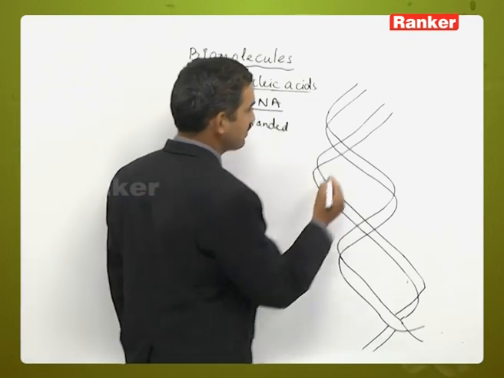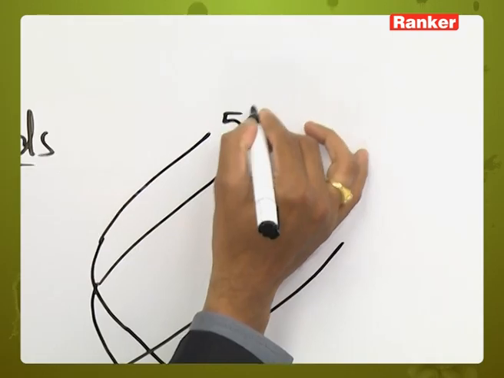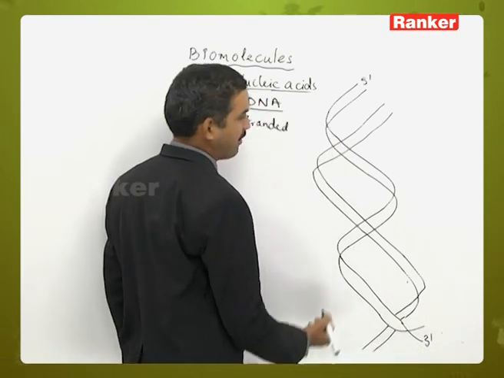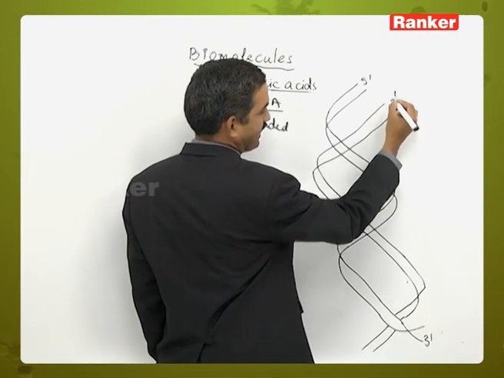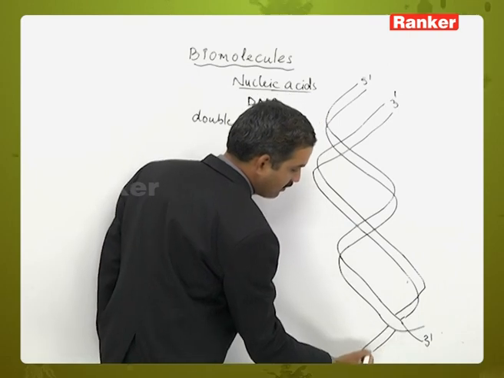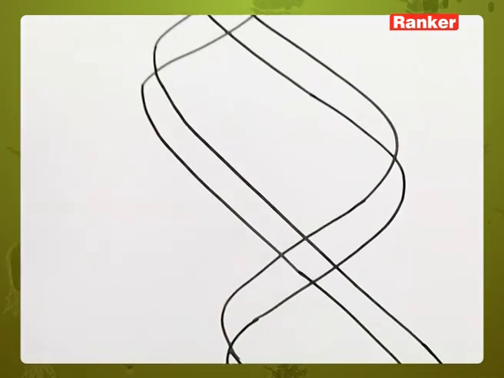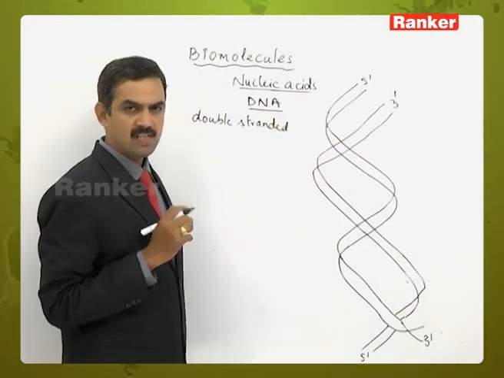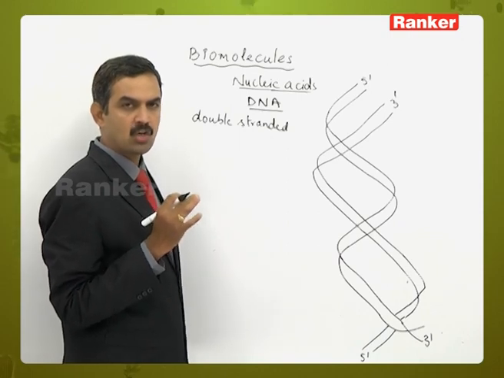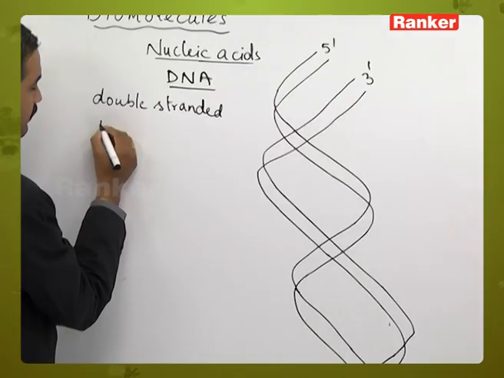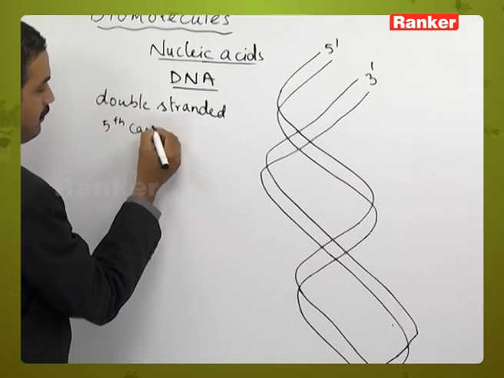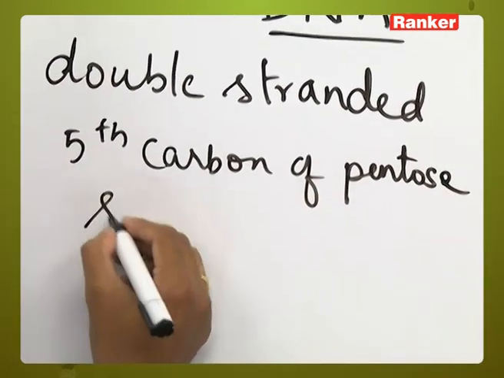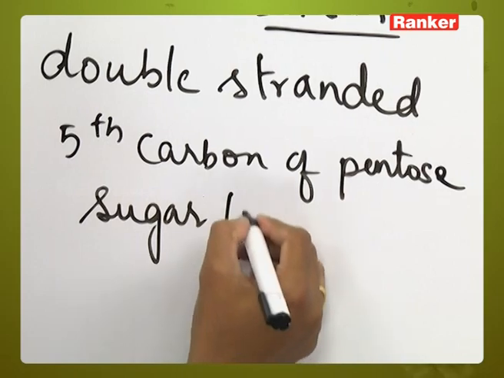In these 2 strands, one end of the first strand we call the 5' end, and the opposite side is called the 3' end. In the second strand this side is called the 3' end and the opposite side is called the 5' end. Why they are called 5' and 3': in the corners the pentose sugars are present. The fifth carbon of the pentose sugar is free here, so we call it the 5' end.